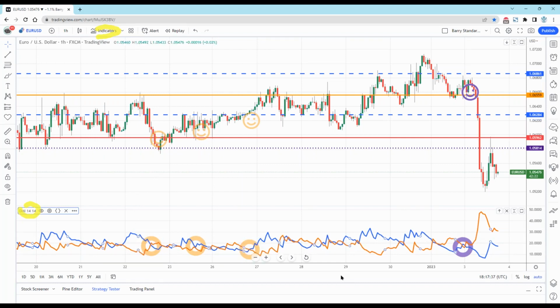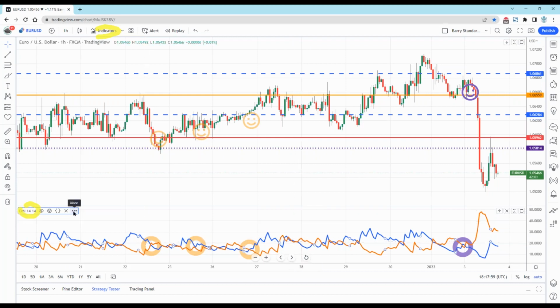Now, the only thing we can really tell with this chart is our crossovers. Crossovers tell us the strength or the weakness of the current trend. As you see, I've highlighted them down below.